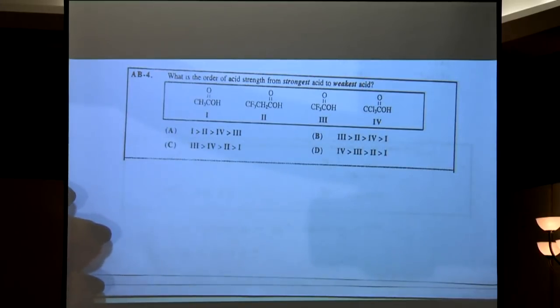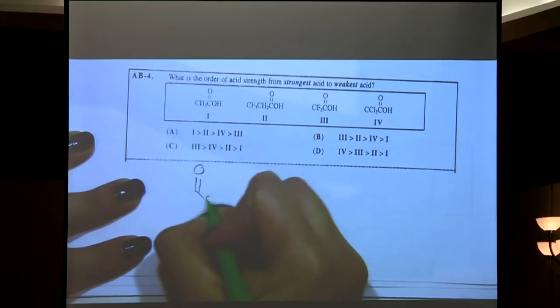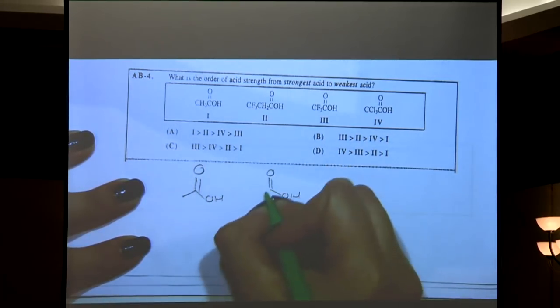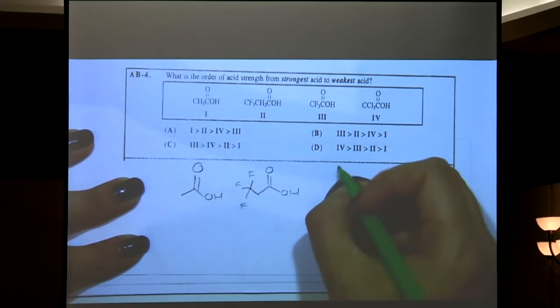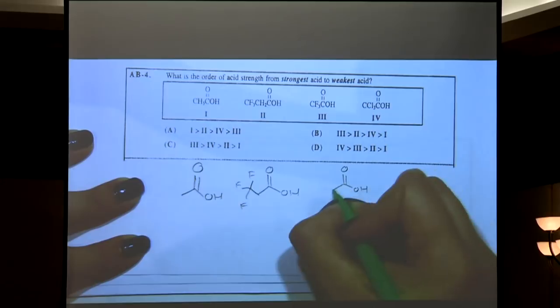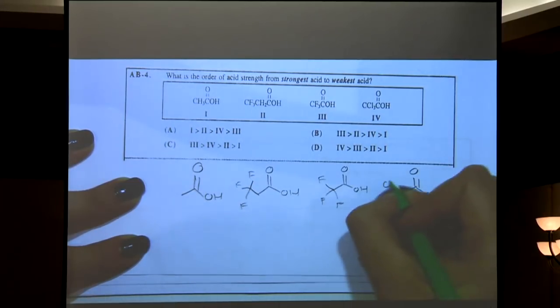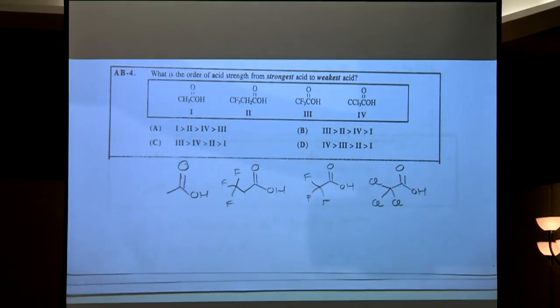All right. So these I'm going to redraw them because I don't like seeing that. All right, so the question is, what is the order of acid strength from strongest acid to weakest acid?